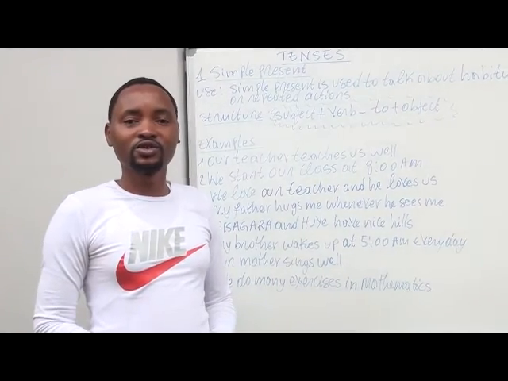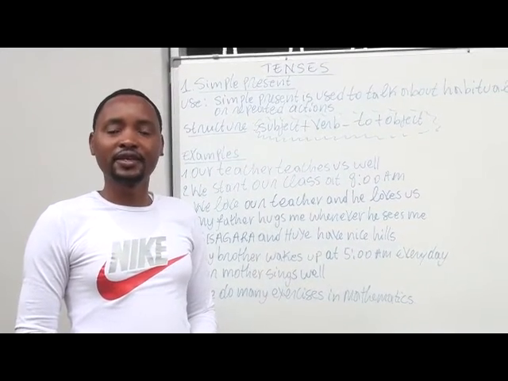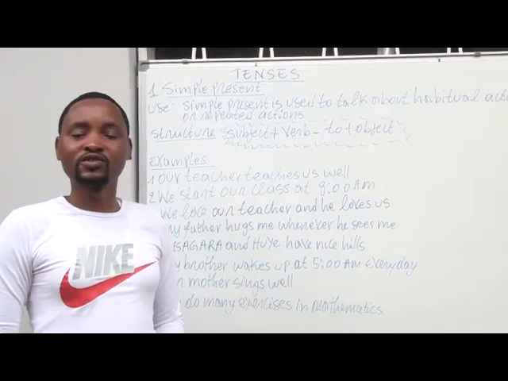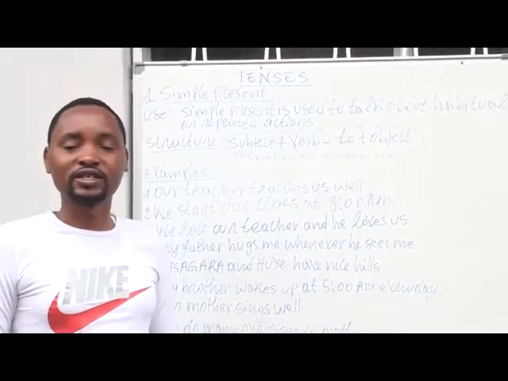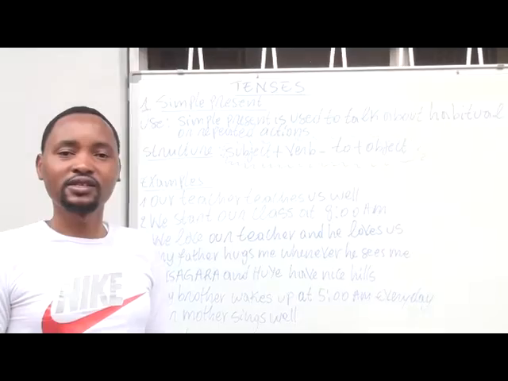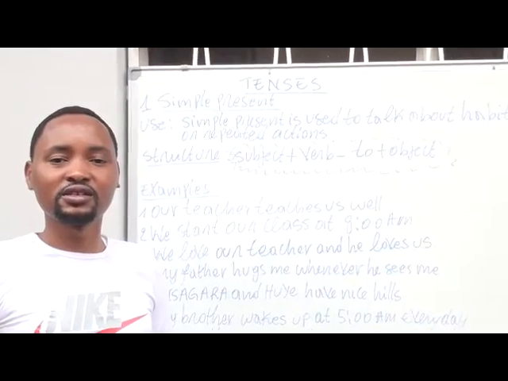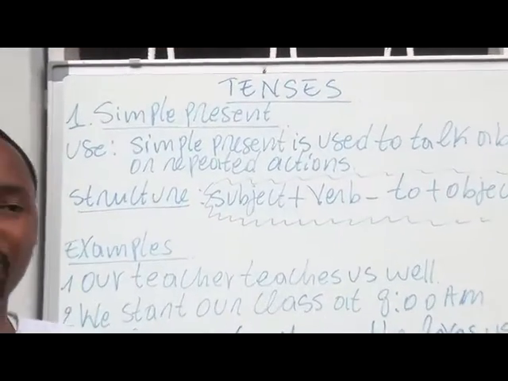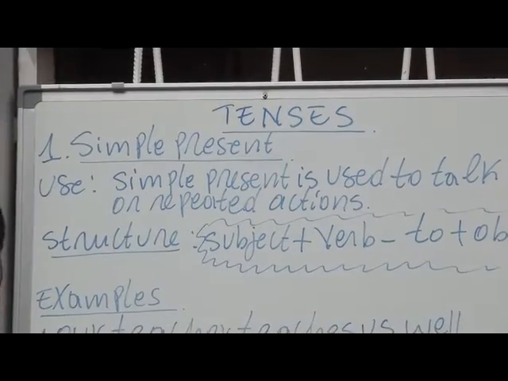We are going to study today English tenses, but we will only see simple present. If we say tense, this is a way of conjugating a verb in different times.